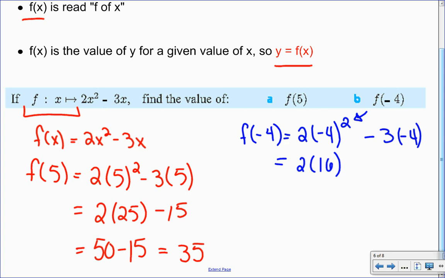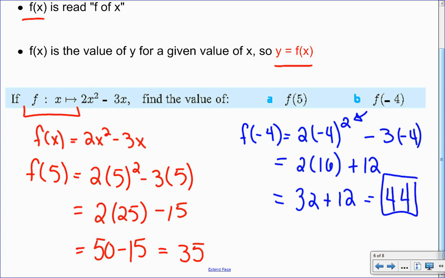And then we have negative 3 times negative 4, which gives us positive 12. So we have 32 plus 12 gives us 44. So f of 3 is 44, or sorry, f of negative 4 is 44, and f of 5 is 35.